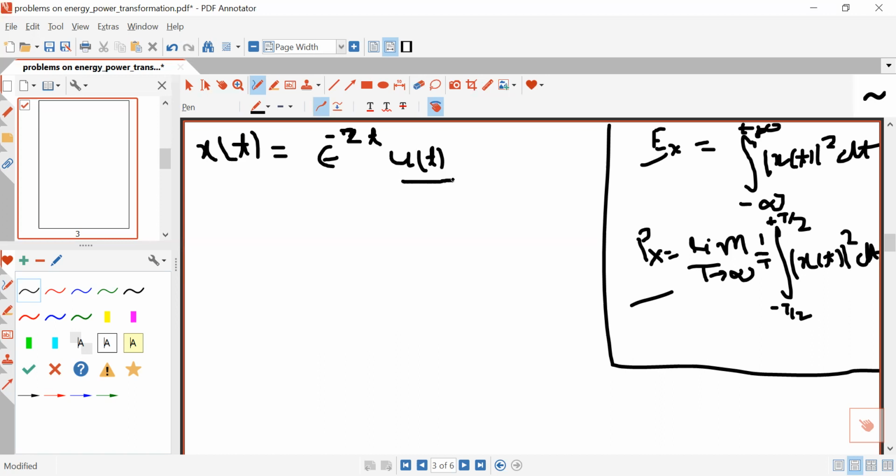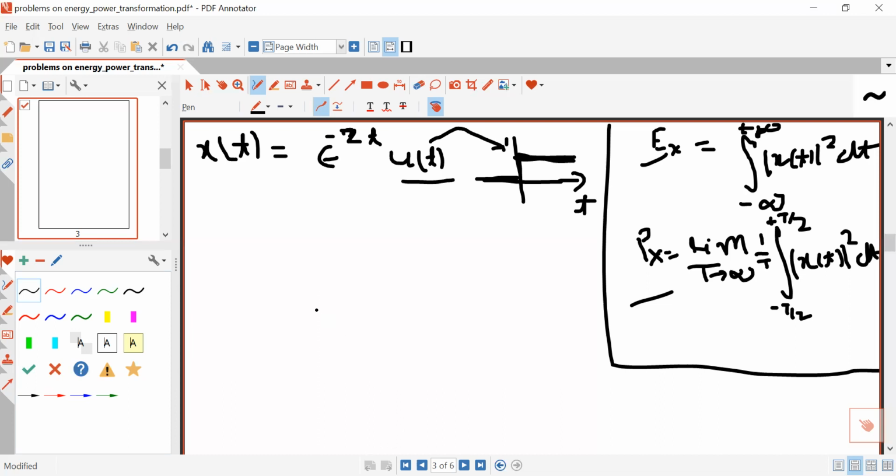This is the unit step function, a singular function. I will discuss this function in the next lecture.